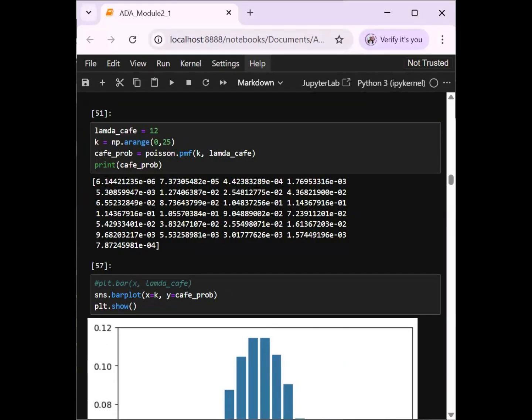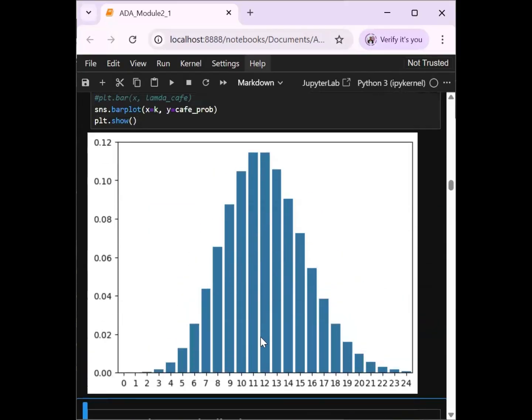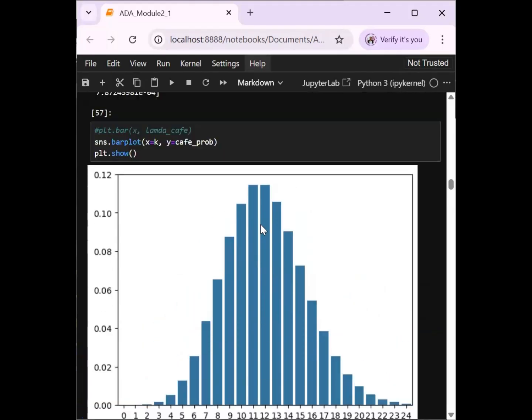This is the probability of the 25 outcomes that we see. Since the mean is 12, there's a high chance that 10, 11, 12, 13 people will be coming to the cafe around this time, so you can plan and prepare for that.